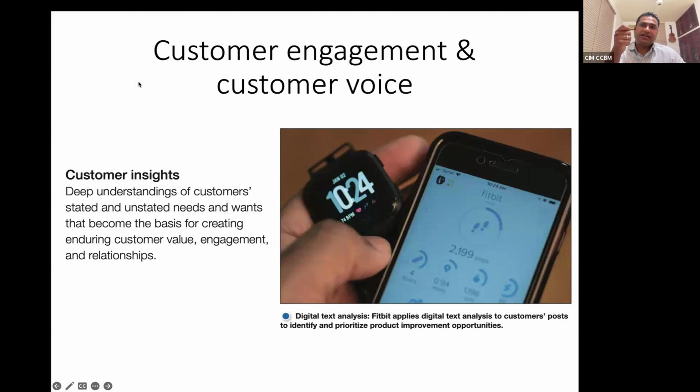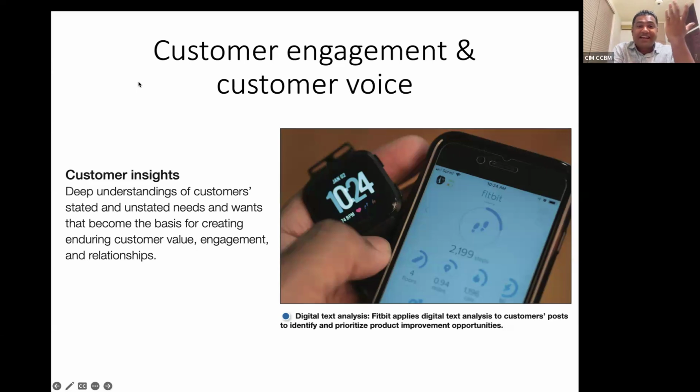And in terms of customer insights, an insight is an idea that you have under your nose, okay, but you didn't know it was there. So sometimes this happens in companies. All of a sudden, when you crunch data, when you crunch numbers, you see an insight. An insight means it is in sight, but you have not seen it. It is in front of your eyes, but you have not seen it.